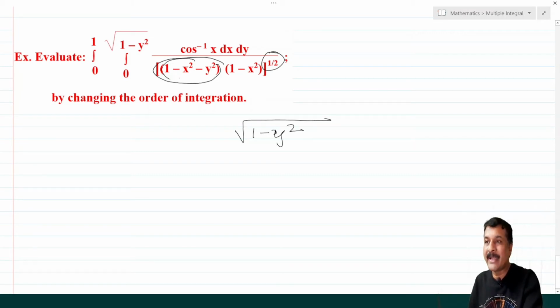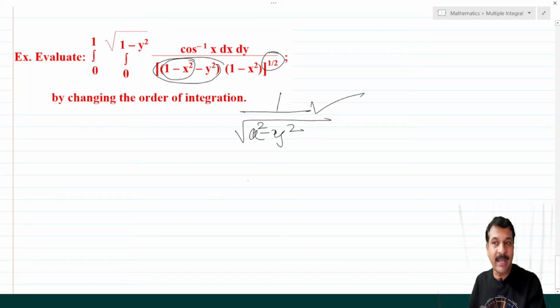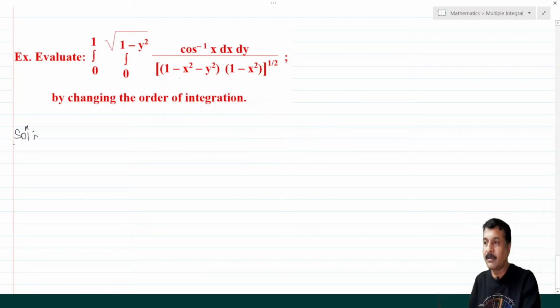Note that 1 minus x square is a constant when we are taking with respect to y. So it is just like 1 upon under root of a square minus y square, and it is very easy to evaluate with respect to y. So that is why it is necessary here to change the order of integration, even though it is just evaluate. So to change the order of integration, the steps are very simple.